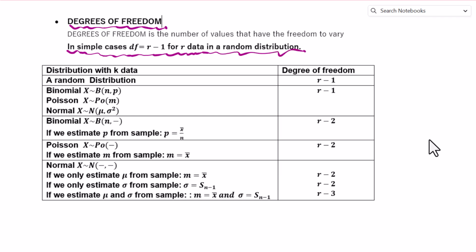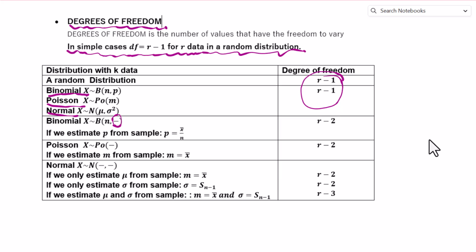Degrees of freedom. At SL level, it's always simple cases. For R data, degrees of freedom equals R minus 1. If the parameters are estimated from the sample, the degrees of freedom will change. For example, binomial distribution.